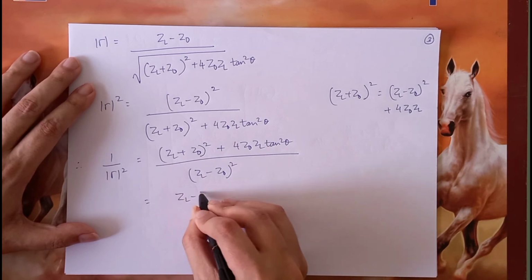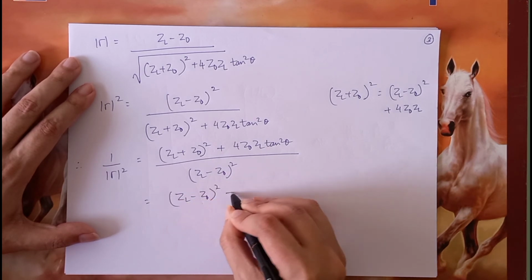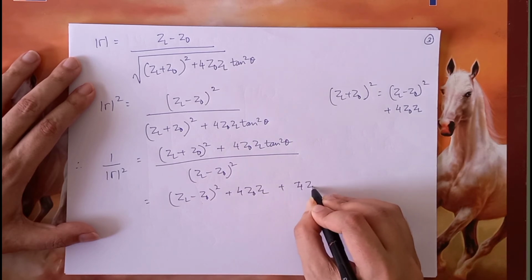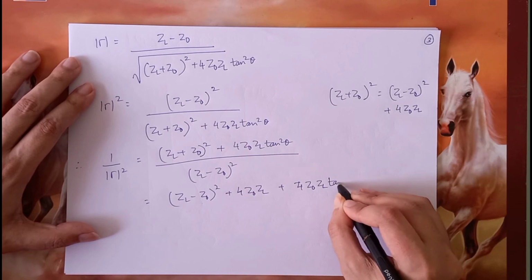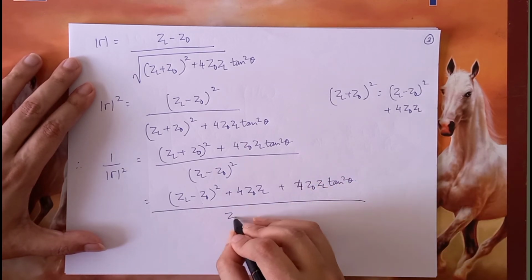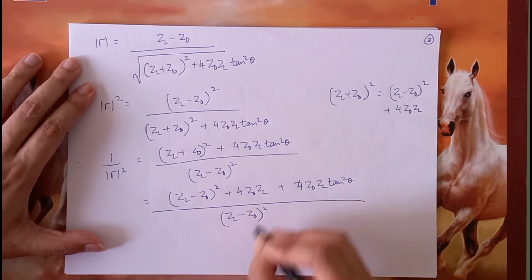So this becomes ZL minus Z0 the whole square plus 4 Z0 ZL plus 4 Z0 ZL tan square theta divided by ZL minus Z0 the whole square.